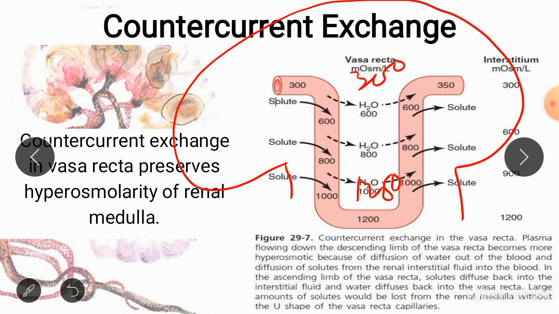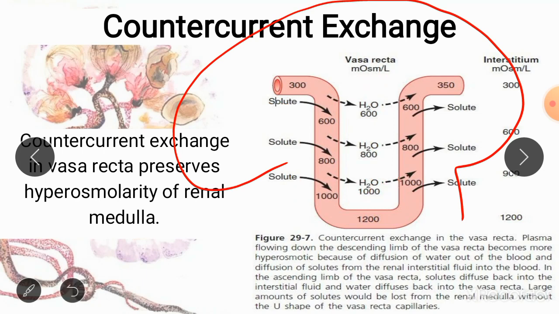So as the peritubular capillaries move downwards, the solute tends to move from the renal medulla into the peritubular capillaries, because solutes always move from higher concentration towards lower concentration.